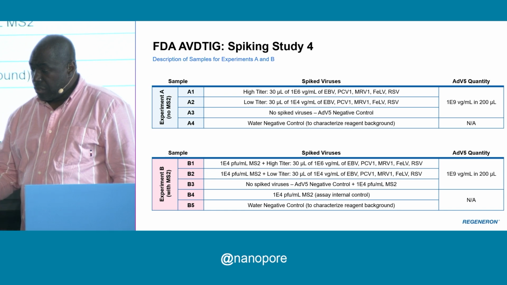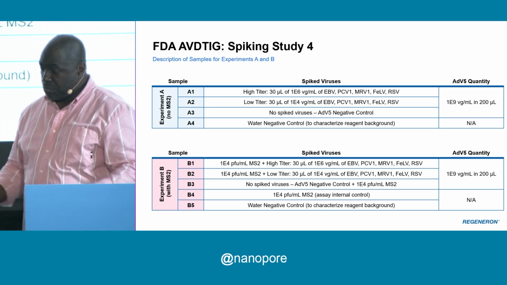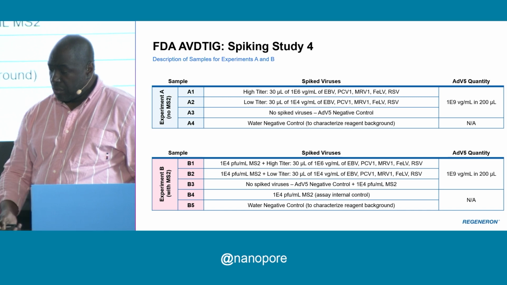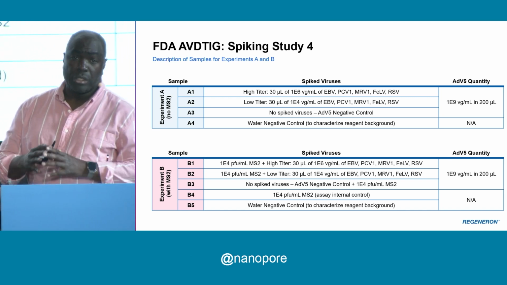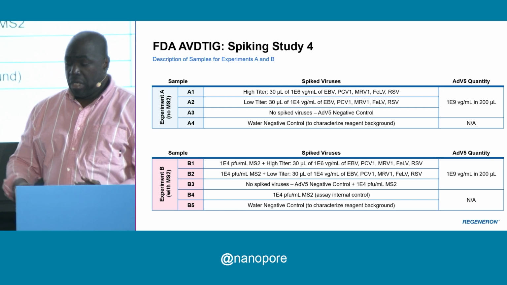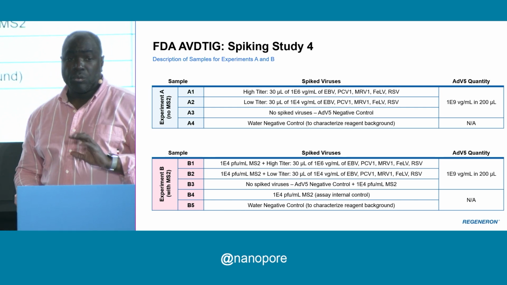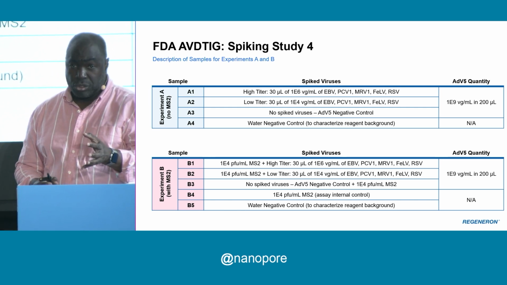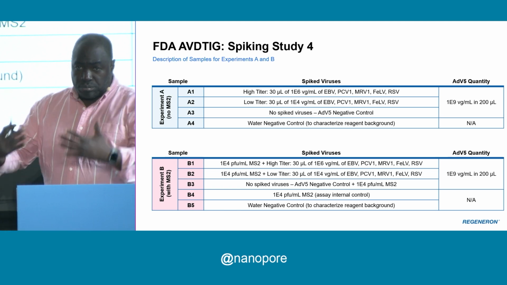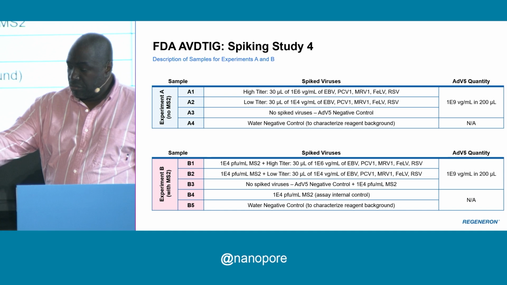What we did here is two preps. One prep, called sample A, is the one where we don't spike anything into the sample. Sample B is the one where we spike an internal control, MS2 phage, which adds additional nucleic acid.